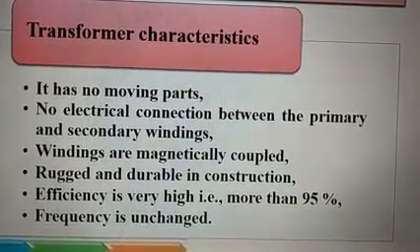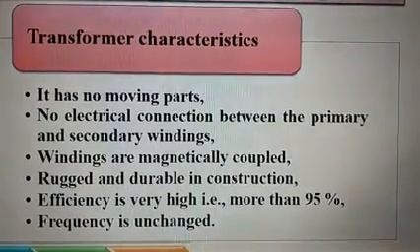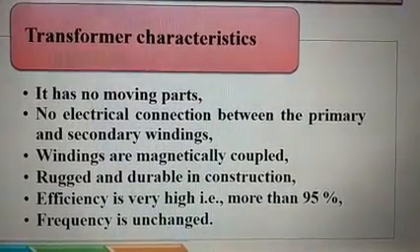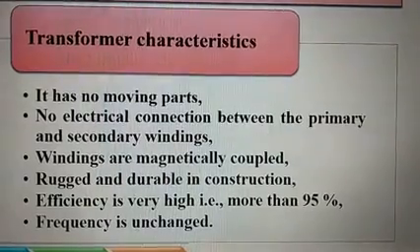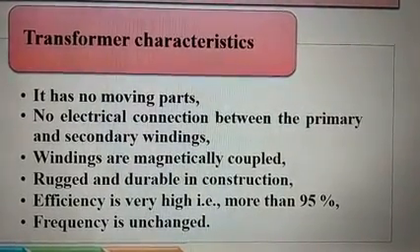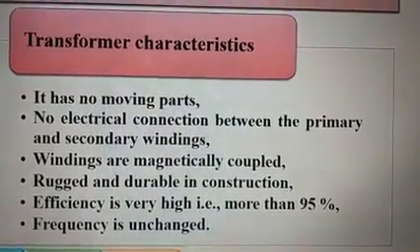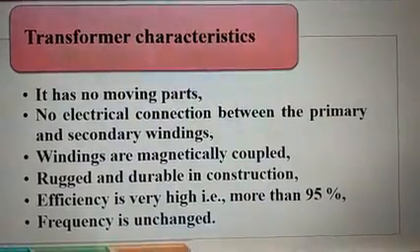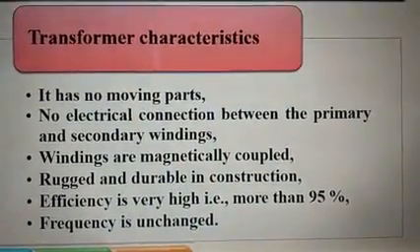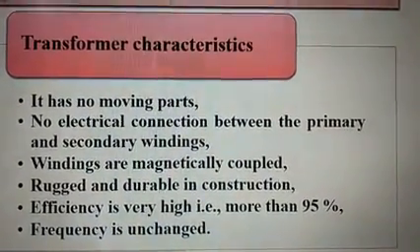Efficiency of a transformer is very high since it is a static device, so one can obtain more than 95% efficiency in case of a transformer. And the last characteristic is that frequency is unchanged.